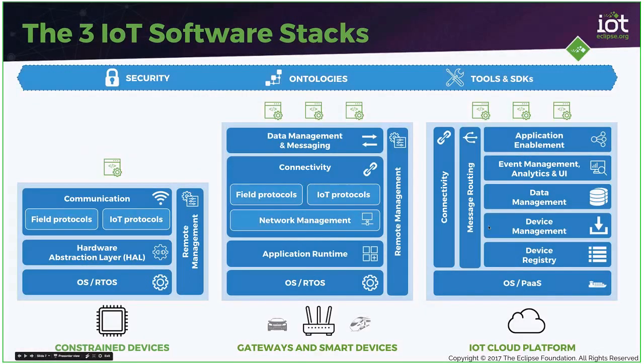So we went through the mental exercise, if you will, at Eclipse IoT to try and identify for each stack, for each basically part of an IoT solution, the devices, the gateways, and the cloud, what are the typical software components and functional blocks that need to be deployed in each of these parts.